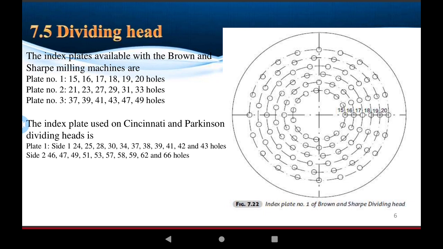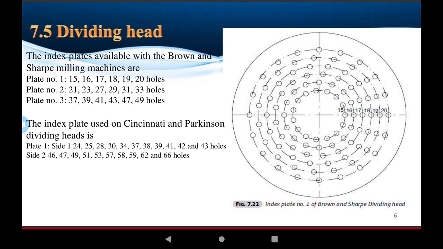And some other teeth perform for the dividing head of the machine, the indexing plate number of the worm and the dividing head. Okay, the indexing plates are available with the worm on milling machines. Okay, the number of plates used here are the worm plates.